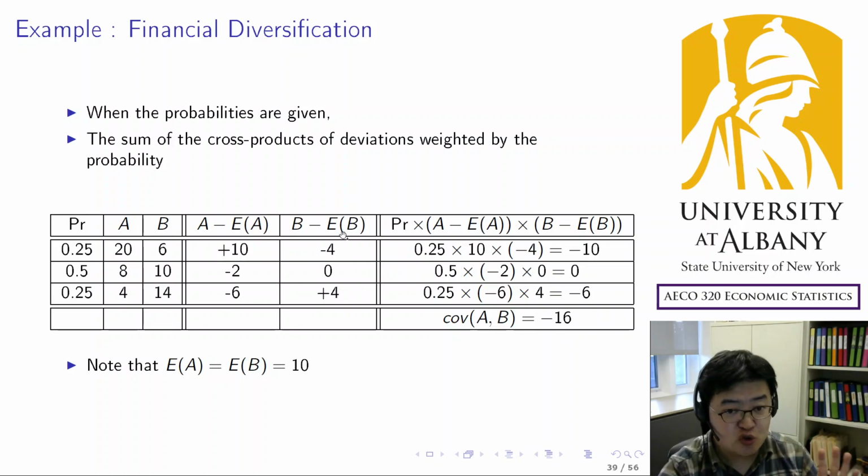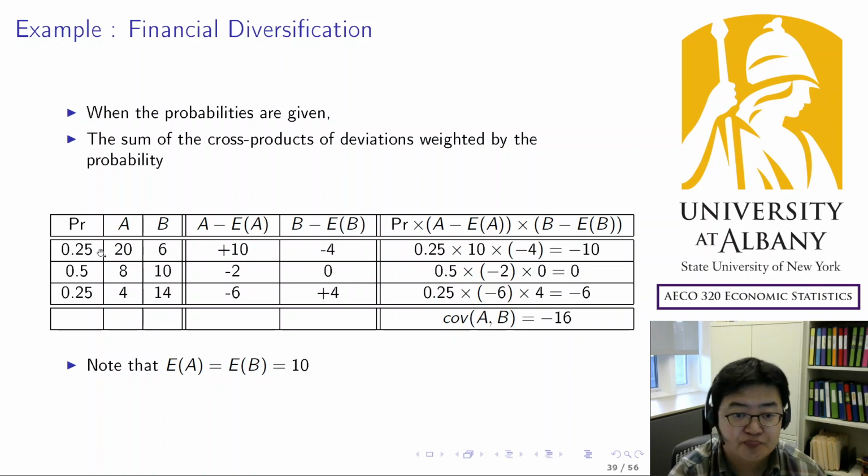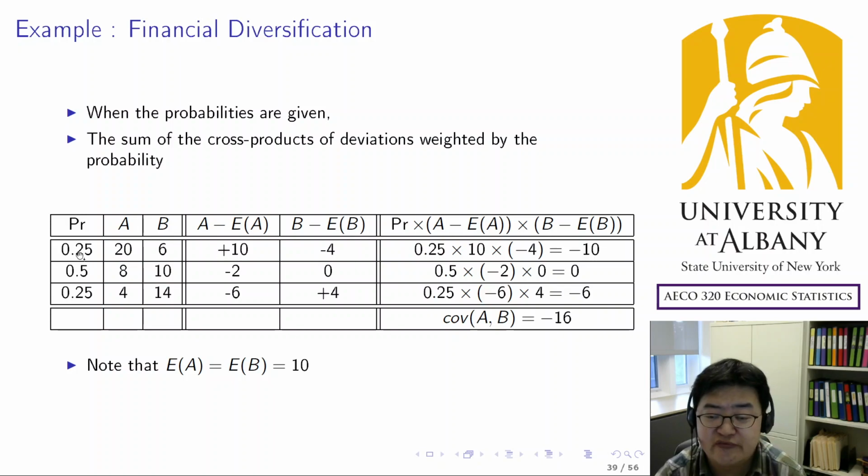Usually, without probability in the earlier examples, we multiply and sum. But now, because there are probabilities, you multiply the deviations, and then before summing, you additionally multiply by the probability. In the first scenario, where the economy is in boom, 0.25 times plus 10 times minus 4 becomes minus 10.